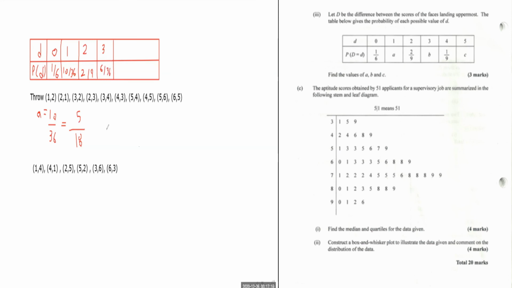Now, of course, some people won't like to write it like that. Some people will want to write that B is equal to 6 over 36, and 6 over 36 we will want to say is 1 over 6. Nice. Now, the chances of the difference being 4 is going to be 1 over 9. And then the chances of the difference being 5 is, the only way the difference can be 5 is if you throw 1 and 6 or 6 and 1.